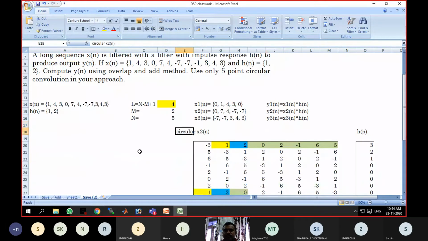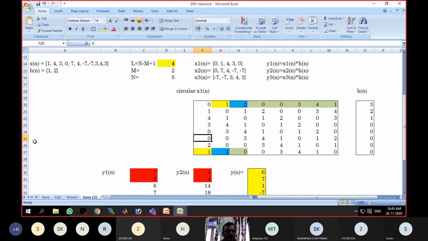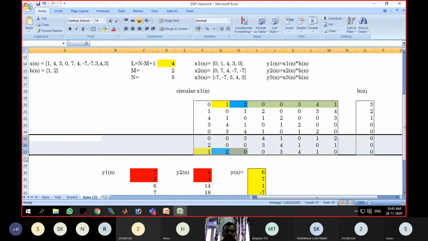Now perform the matrix multiplication by creating the circular matrix of x1 of n. How to create it? The given sequence will be as it is, 0, 1, 4, 3, 0, as the first column. So we are not considering these elements.